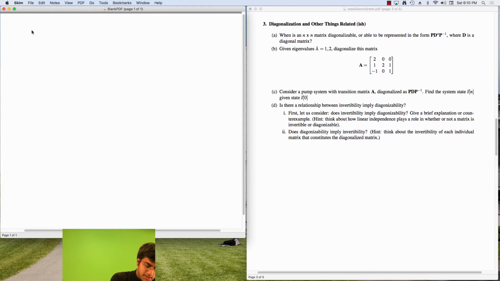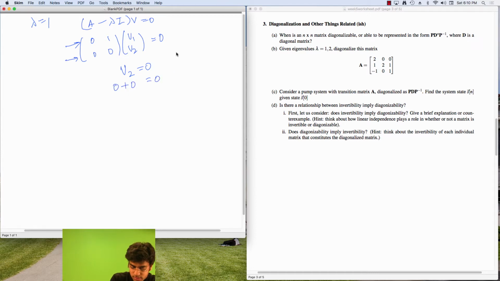Now let's solve for the null space. For lambda equals 1, A minus lambda times the identity comes out to be 0, 0, 1, 0. And let me say I'm solving for the null space. So I say, okay, well, A minus lambda I times V must be 0. So then this times some V1 and V2 must be 0. And you get V2 equals 0 from the first row. But from the second row, you get no new information because you get 0 plus 0 equals 0. So any eigenvector to this matrix will be of the form 1, 0.